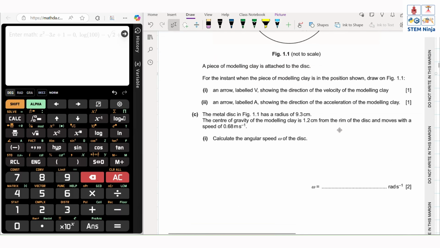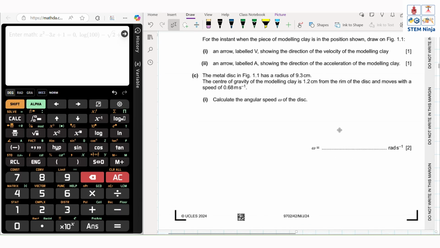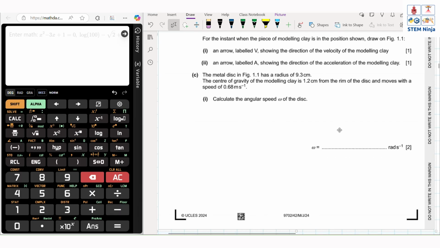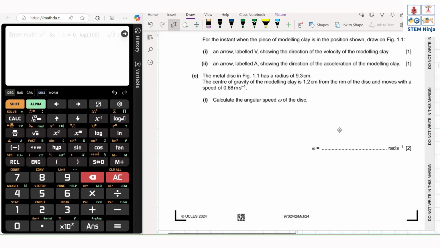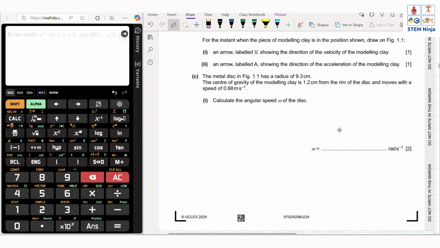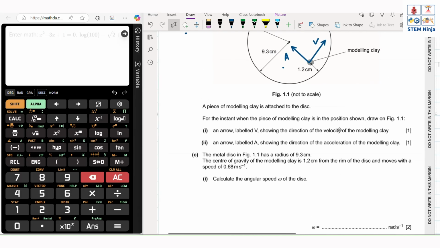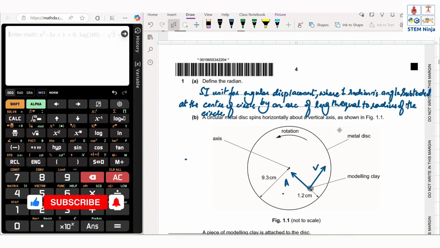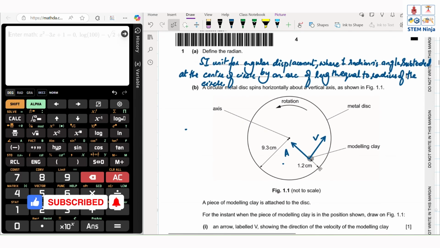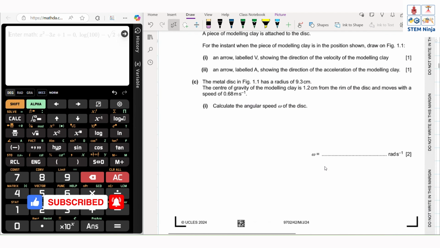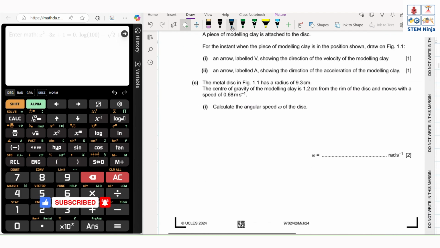Now, the metal disc in figure 1.1 has a radius of 9.3 centimeters. The center of gravity of the modeling clay is 1.2 centimeters from the rim of the disc and moves with a speed of 0.68 meters per second. Calculate the angular speed omega of the disk.